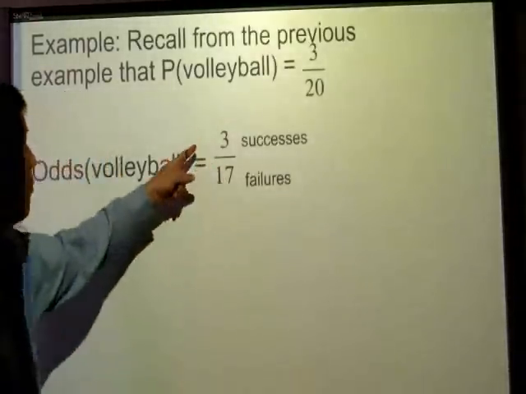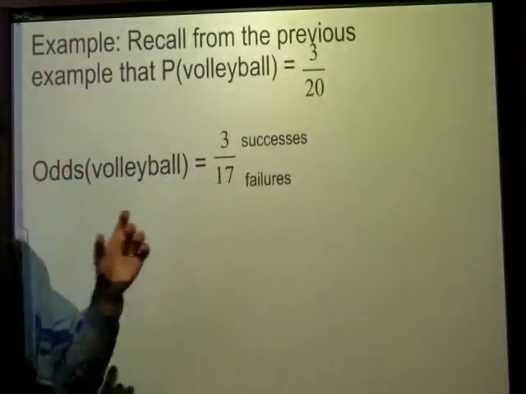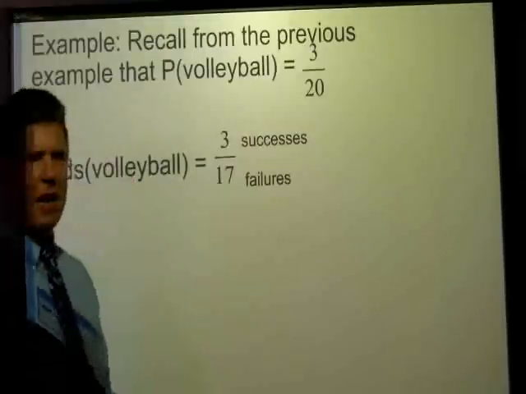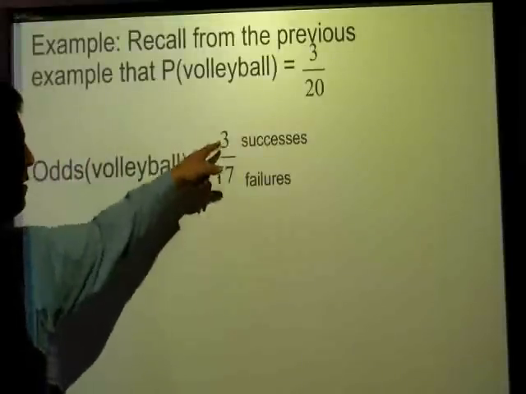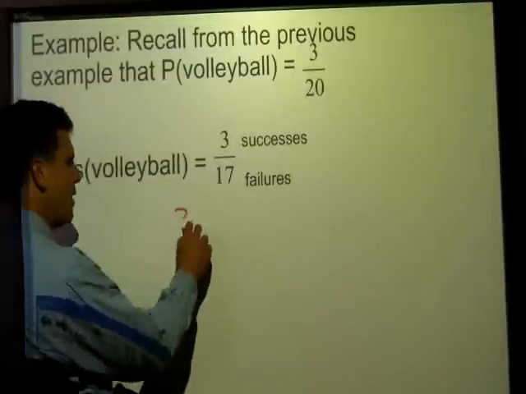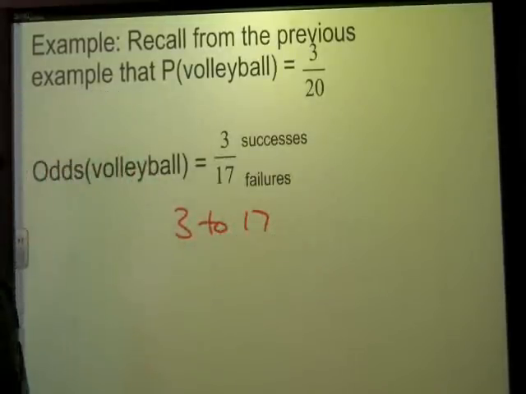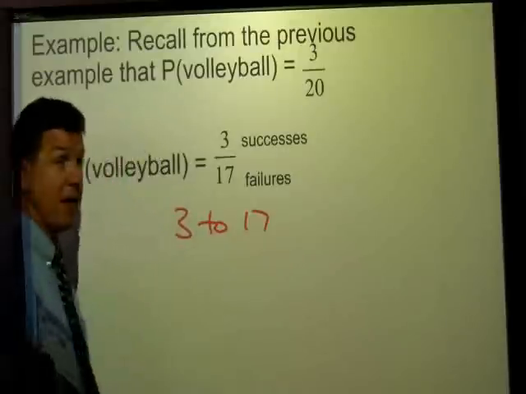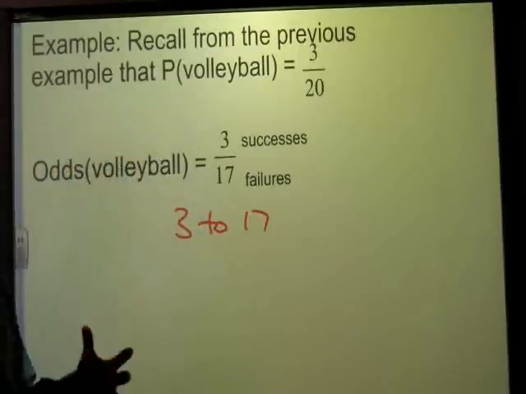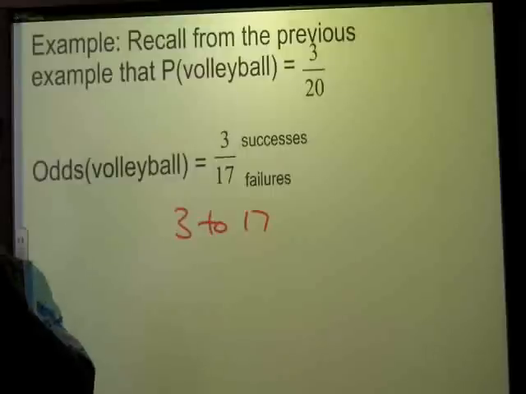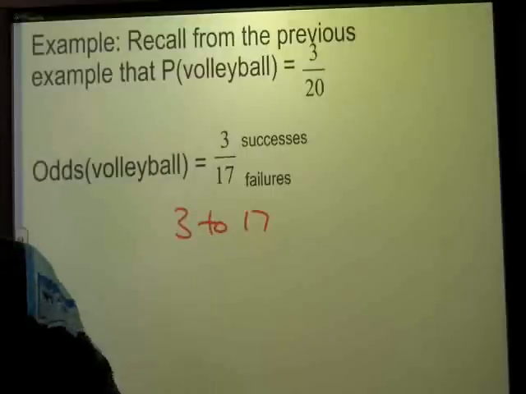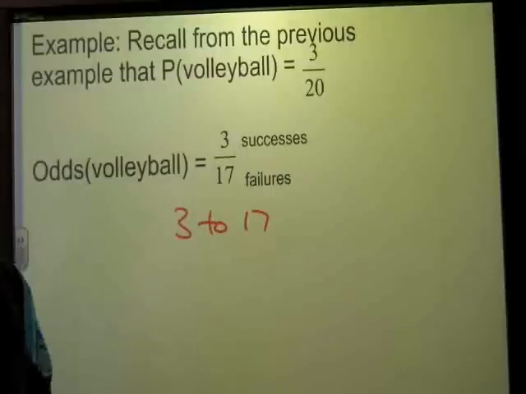With odds, it's basically a direct comparison. A lot of times odds really aren't even written as fractions. They're often written as ratios, 3 to 17. And one thing to keep in mind, many of you hear about odds in terms of gambling. You hear on TV about the chances that this team wins the World Series, 5 to 1, 8 to 1.